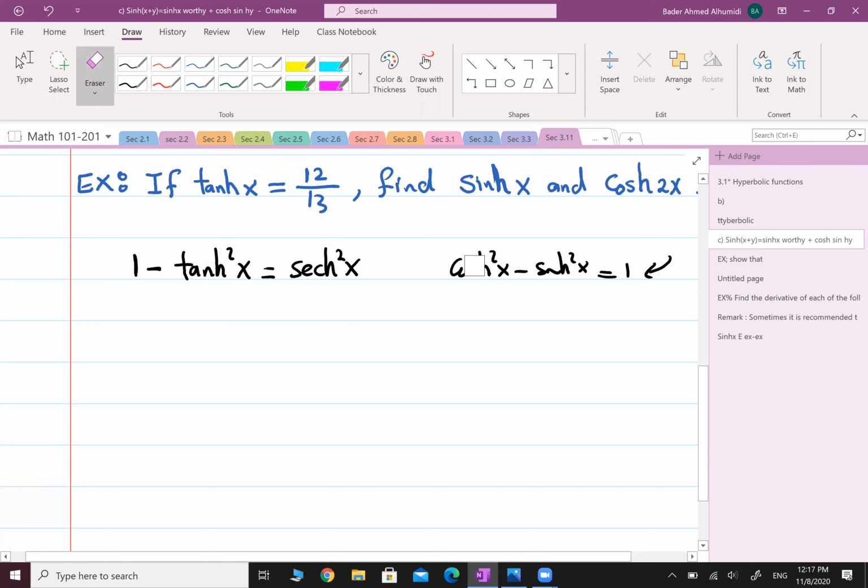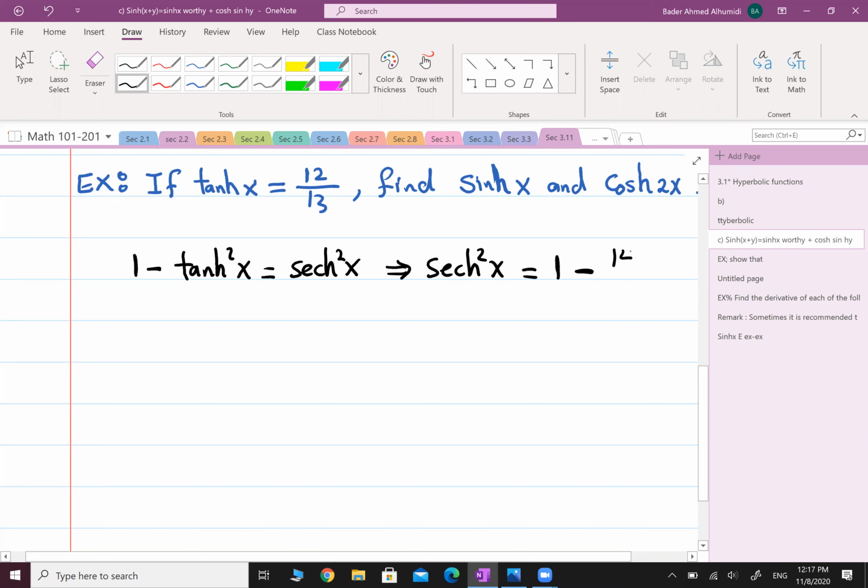Now I have it in front of me. I will find hyperbolic secant first, because once I find hyperbolic secant I can find hyperbolic cosine, and once I have hyperbolic cosine, I can find hyperbolic sine. Now, what is hyperbolic secant square of x? It is equal to 1 minus tangent hyperbolic square.